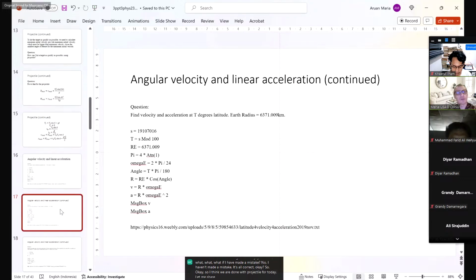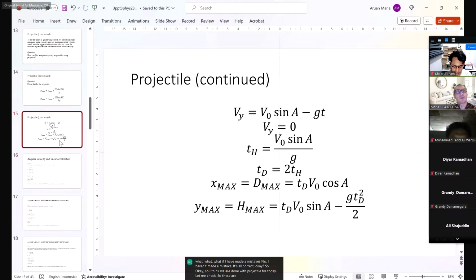Let me check. So these are different topics. Okay. So the projectile can be a bullet, for example, and if you want to hit your target, you use the equations which will tell you how to shoot. If you're a soccer player and if you want to hit the top corner of the soccer goal, once again, the projectile equations will tell you how to kick your soccer ball, with which initial velocity and which angle of release to hit the top corner so that you score with the highest probability, right?